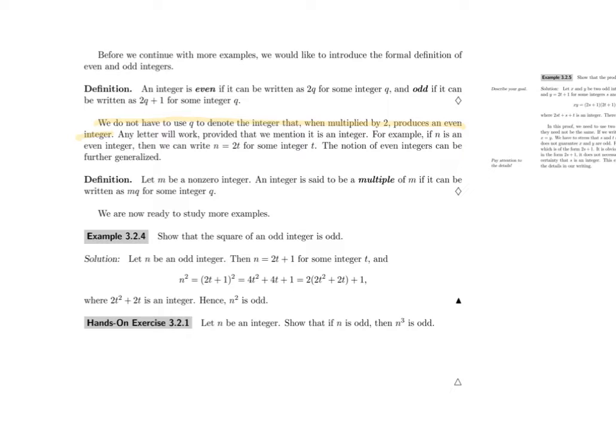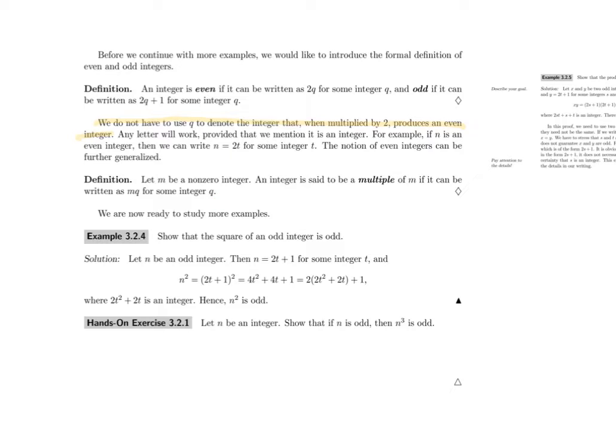Let's look at another definition. It says, let m be a non-zero integer. So within the definition, we're actually defining m as a non-zero integer, but that's not the definition they're trying to tell us yet. The definition is, an integer is said to be a multiple of m if it can be written as mq for some integer q.